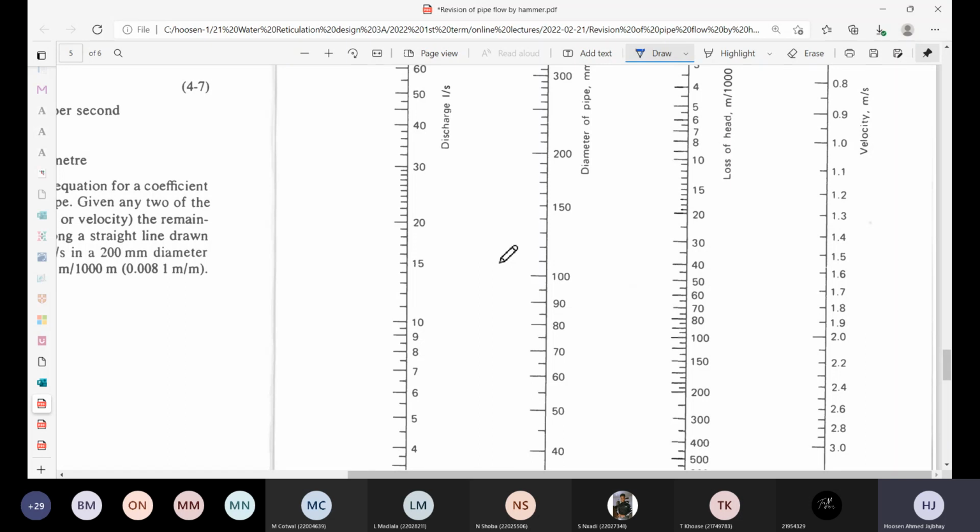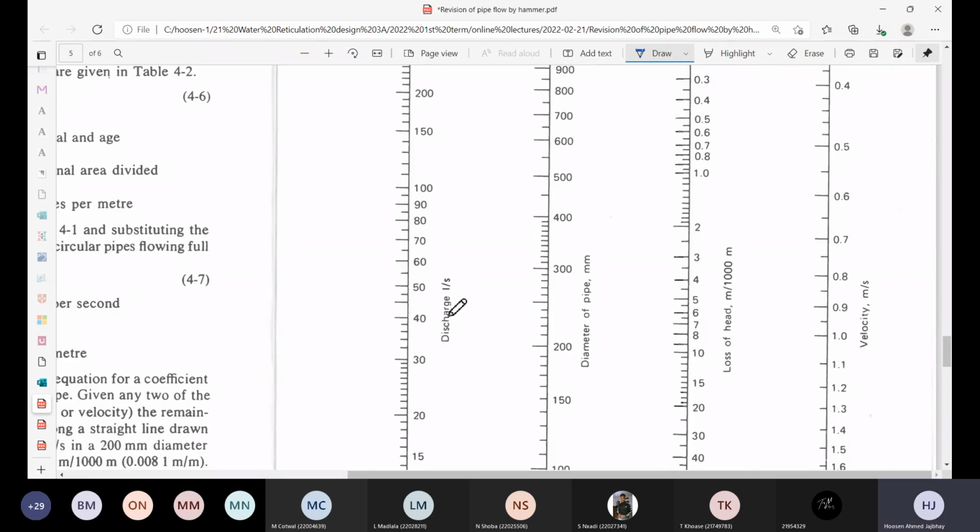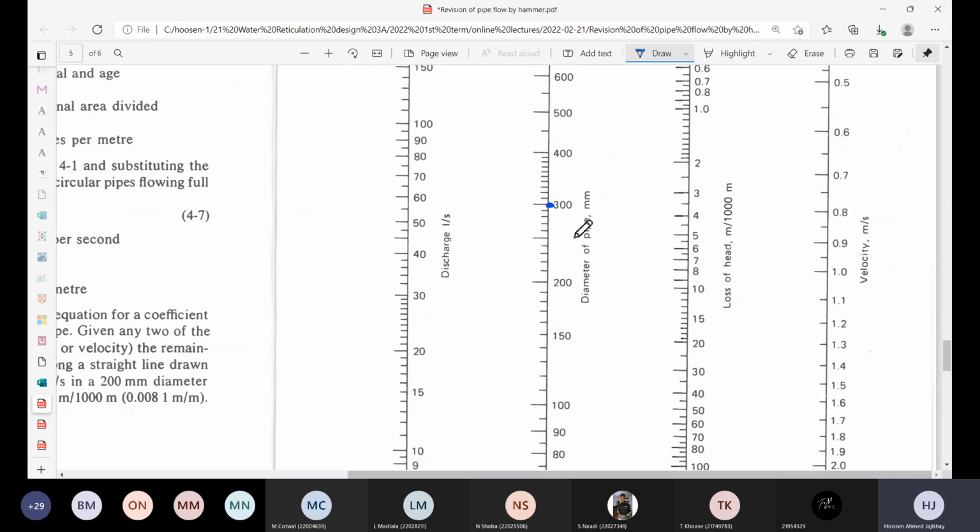So for example, let me give you an example. Let's say I had a 300 millimeter diameter pipe, so I'll make a dot, the 300 millimeter diameter pipe, and the flow in that pipe, for argument's sake, was 1 meter per second.